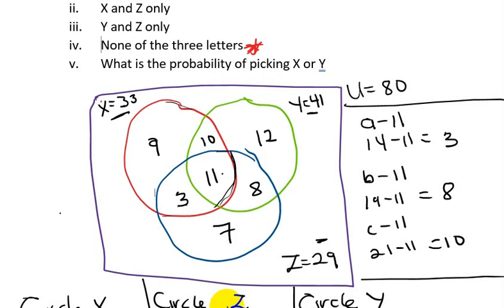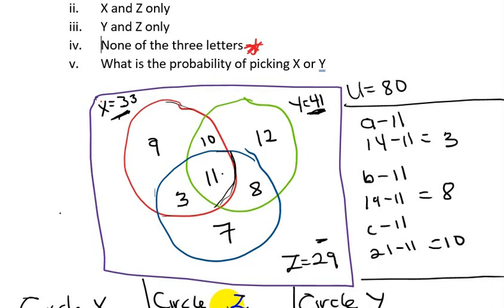If I add all the green circle, I have to get 41. So let's see. 12 plus 8 is 20, plus 10 is 30, plus 11 is 41. That's why we have 41 here. Now, 9 plus 10 is 19, plus 11 is 30, plus 3 is 33. So we have 33 here.